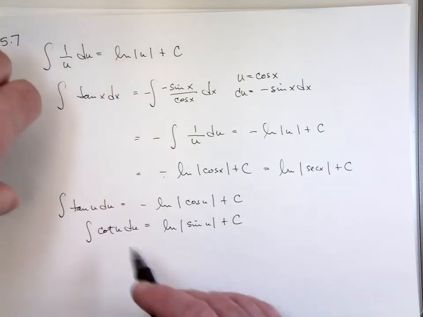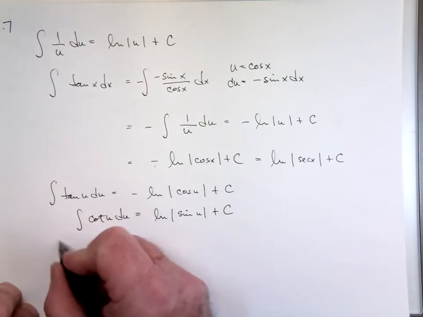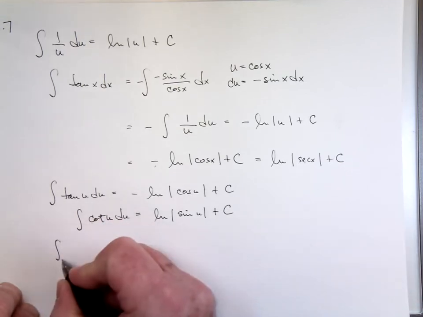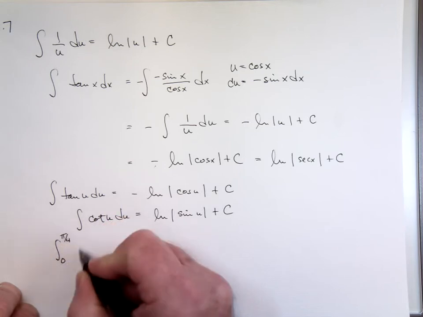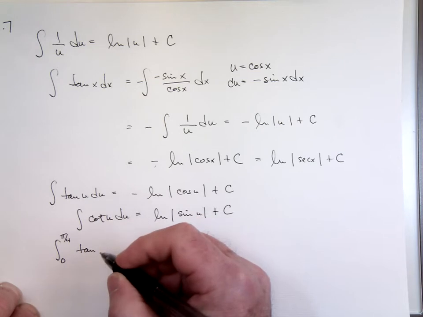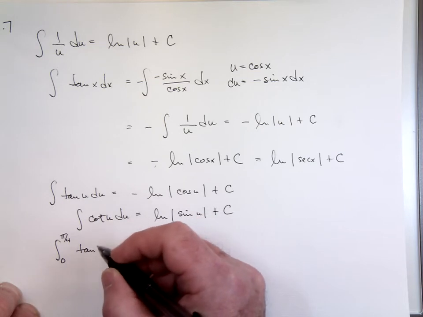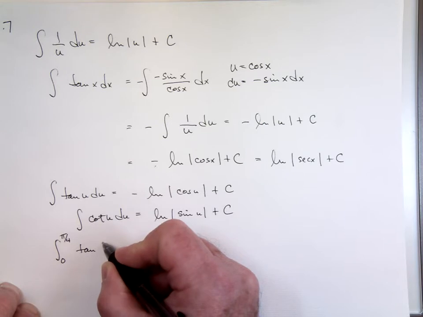So if you had to do this integral, let's say from 0 to pi over 4, tangent of, yeah, we could do that. Okay, let's not though. Tangent of x over 2?